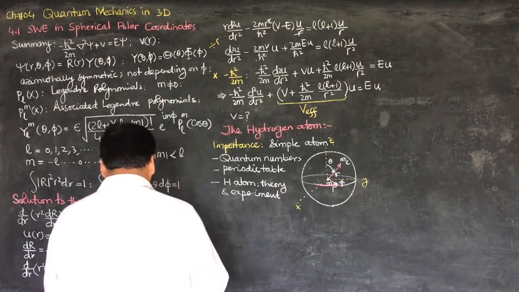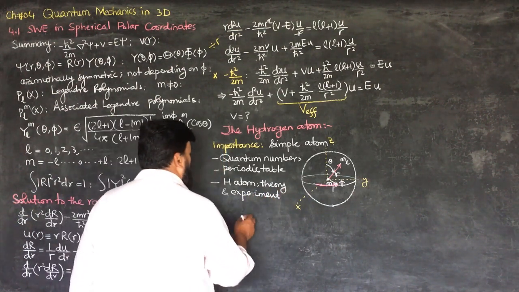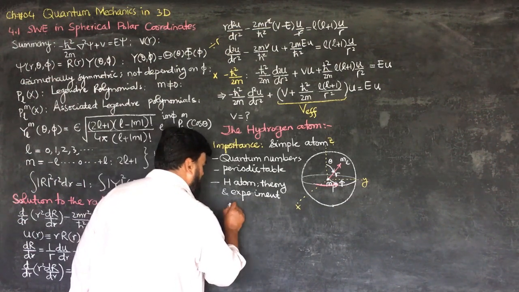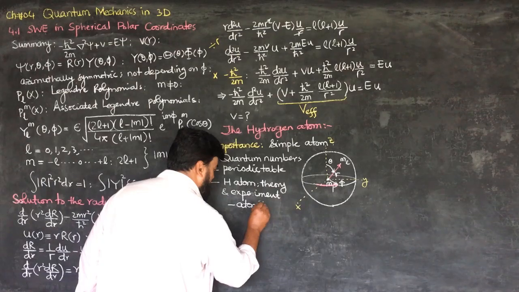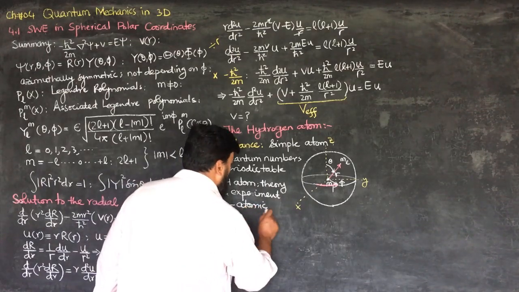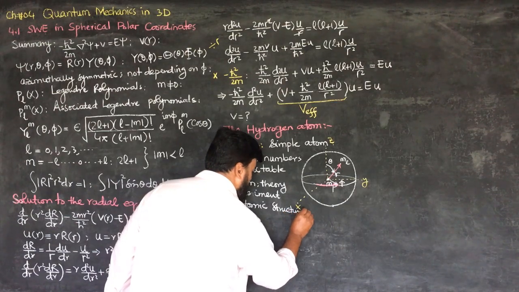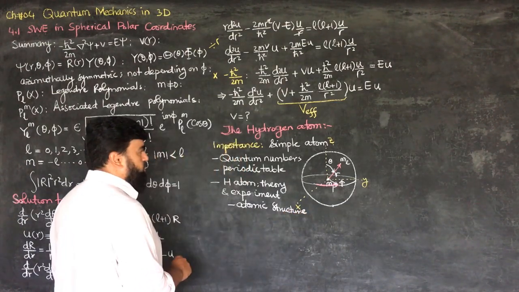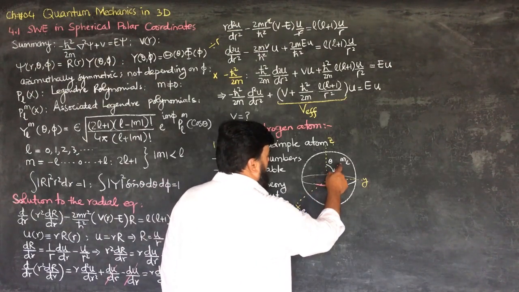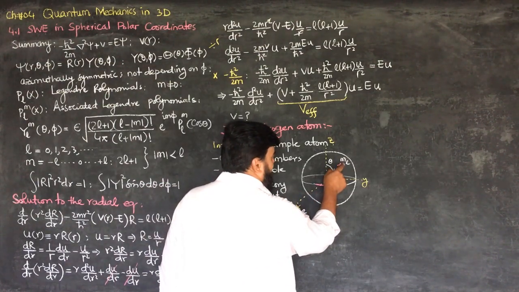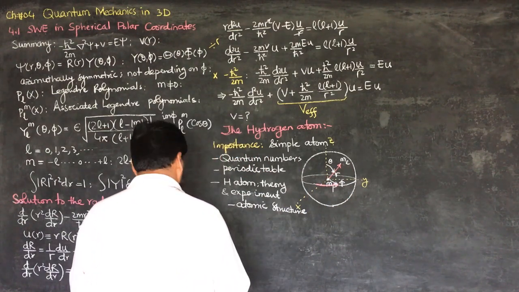So this comparison is very easy, and with the help of this, understanding the atomic structure is easy or possible, to get more information about the behavior of this electron, how it goes around this.